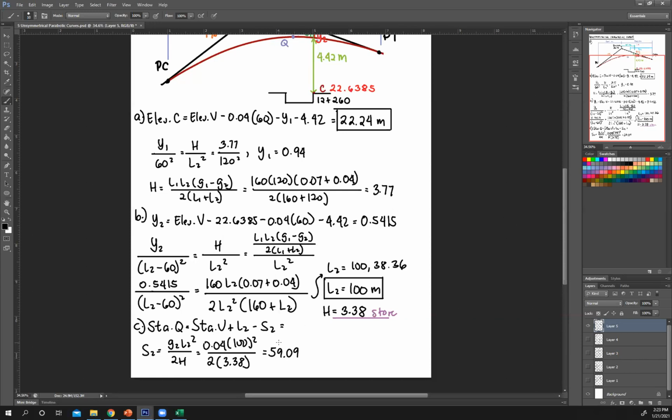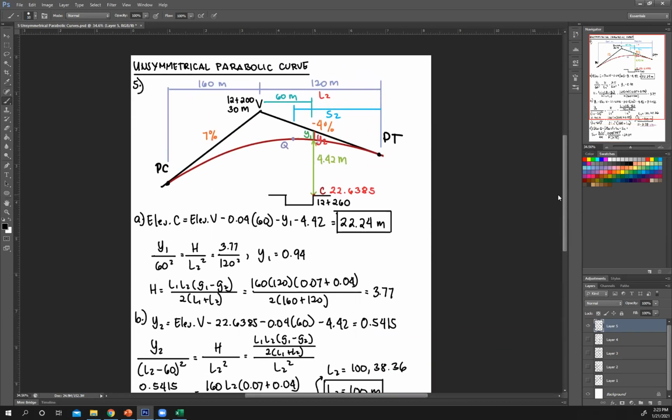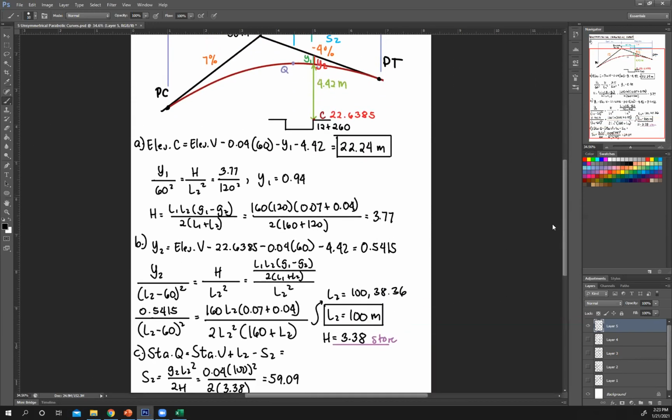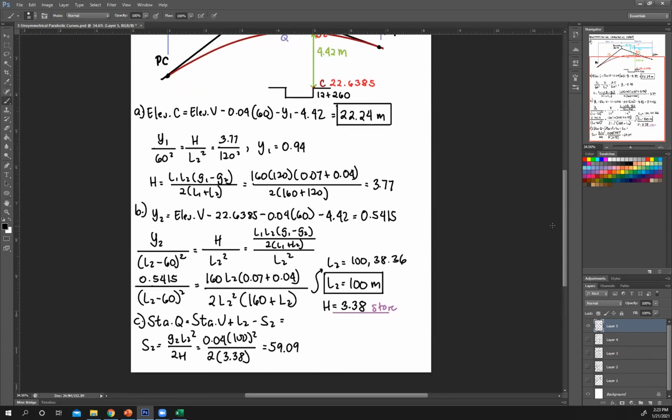So now finally, using 59.09, station B is 12 plus 200 plus 100 minus 59.09. Final answer would be 12 plus 240.91.